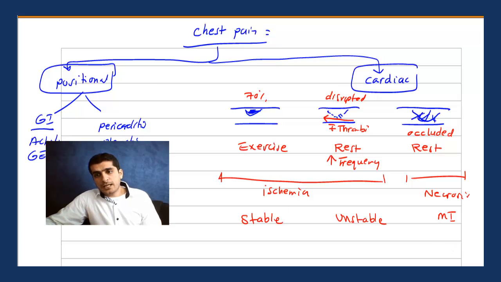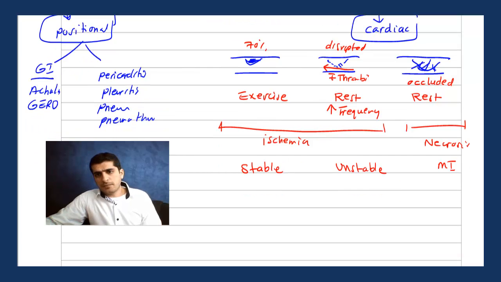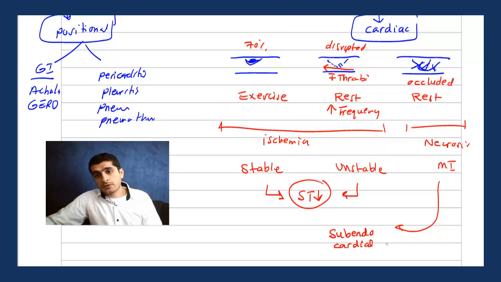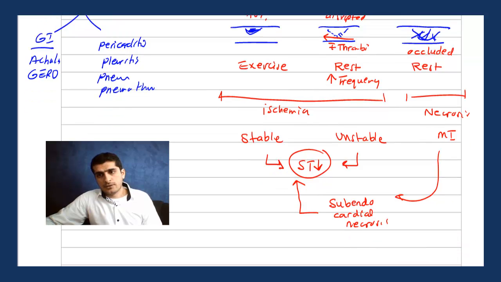Now, after that, you will go with ST, which is the bigger problem. ST changes. This is usually ST depression for both of them. Now for MI, if it is subendocardial necrosis, you will go also with ST depression, right? This is how you'll make it.